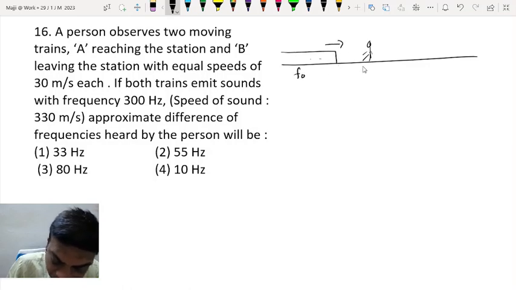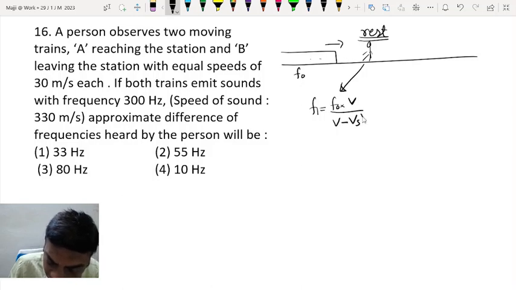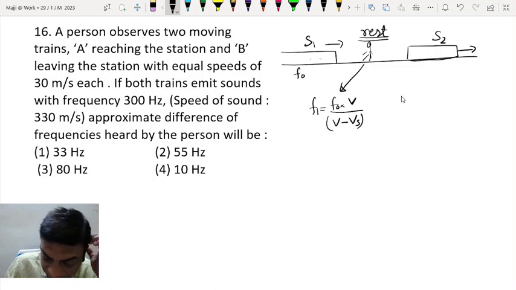So here the frequency as observed will be f0 into, we are assuming that the observer is at rest. So observer is at rest, only source is approaching. So since source is approaching, we have to use this. And here the other source is receding away.